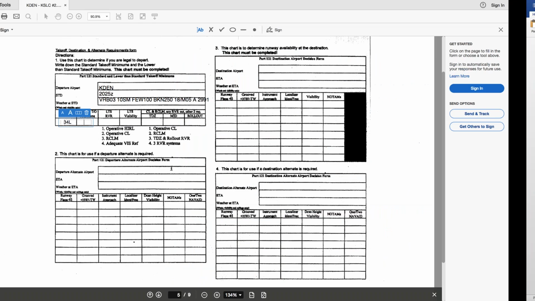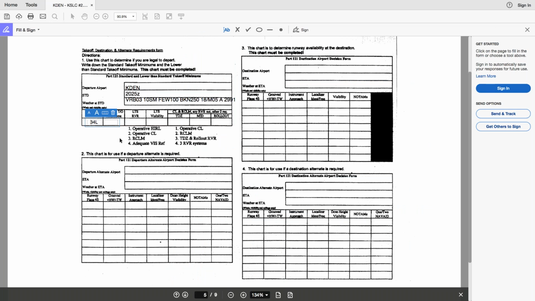So you're always going to add 2 zeros to your RVR when we look at those charts. So 5,000 for 1 mile, right?